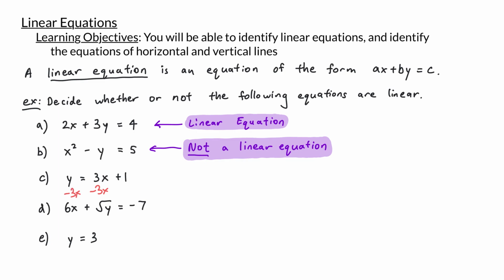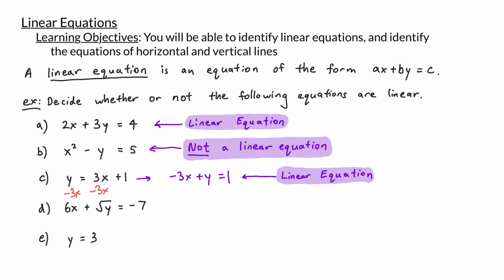If we subtract 3x from both sides, we end up with negative 3x plus y equals 1. And now it looks more like ax plus by equals c, with a being negative 3, b being 1, and c being 1. So it turns out that this is a linear equation.